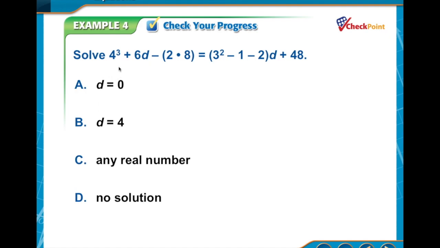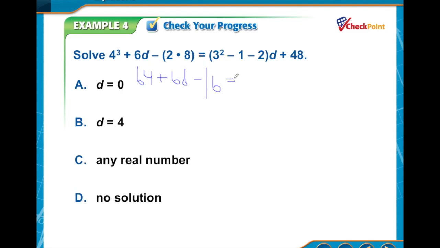So if I just simplify one step here, let's change our pen color. Let's go blue. I know 4 times 4 is 16, times 4 again is 64. So I'll get a 64 for 4 cubed. We get plus 6d, 6 times d, and minus, I know 2 times 8 is 16, so I'll simplify that part to 16.